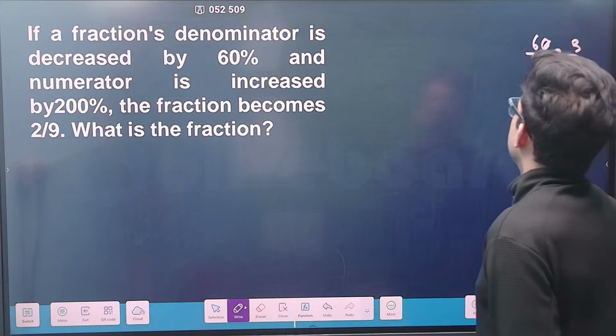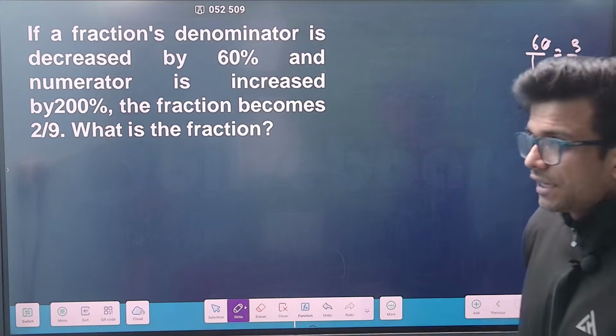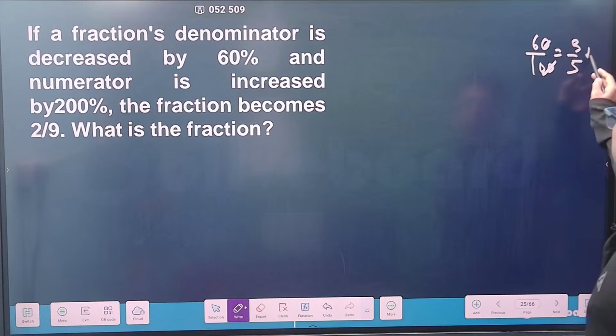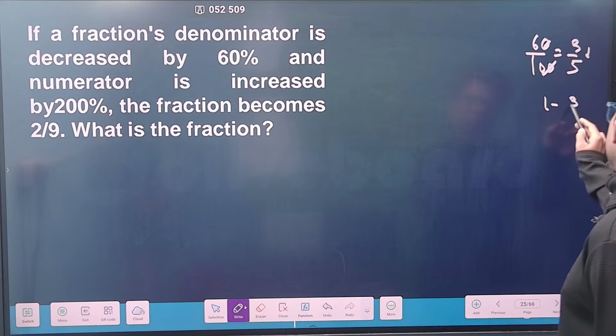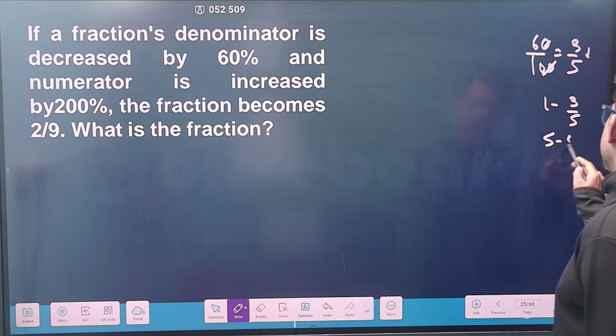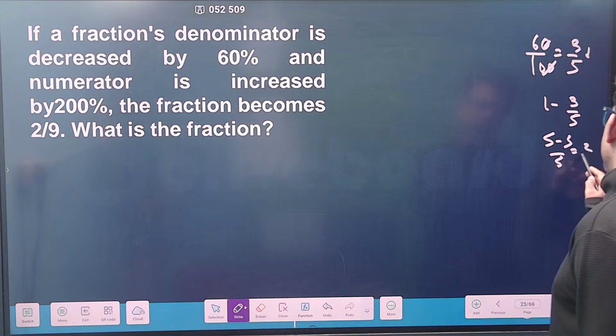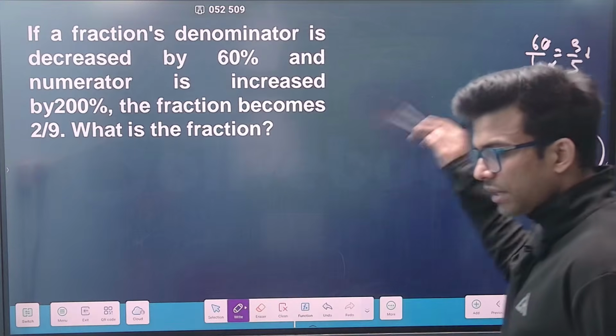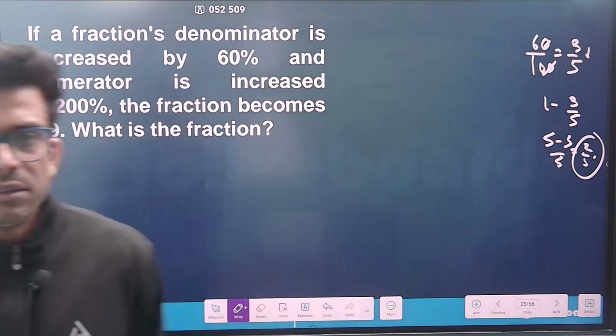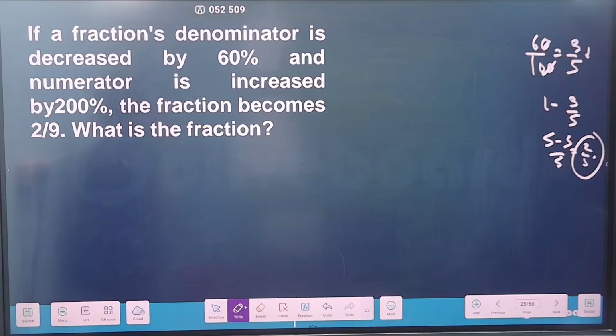Decrease, they are saying decrease. 1 minus 3 by 5, which is 5 minus 3 by 5, 2 by 5. This is called decrease, which I have done here now. So you need to understand how the fraction is getting decreased.